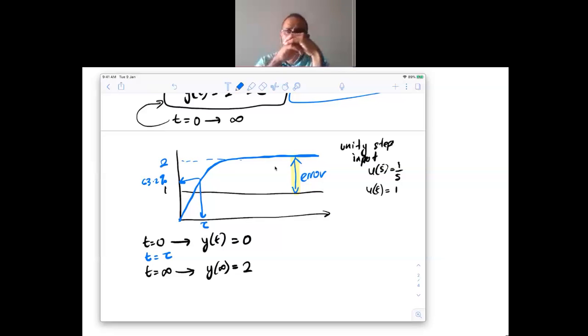The reference is a displacement. Let's say I want the displacement to be 1 centimeter or 1 meter for that matter. Okay, the displacement is 1 meter. But when I apply input to the system, it will give me double the displacement. It will be giving me 2. So the error is 100%, equals 1, isn't it? In this case, it's a huge error, isn't it?